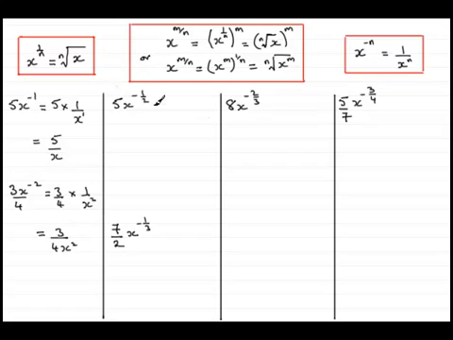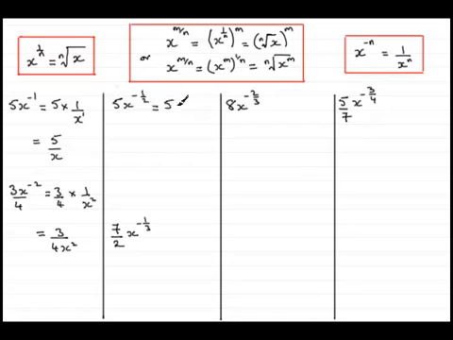Right, now in this next example, what I'm trying to show you here is how we handle fractional powers that are negative. And I'm going to do the same thing again down here with a number in the denominator. We must think of this one as 5 times x to the minus half.